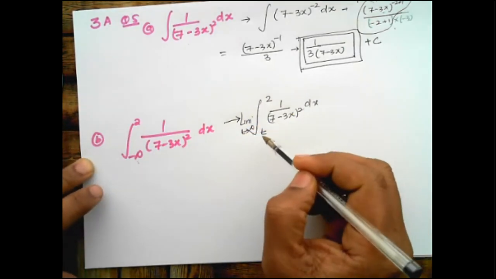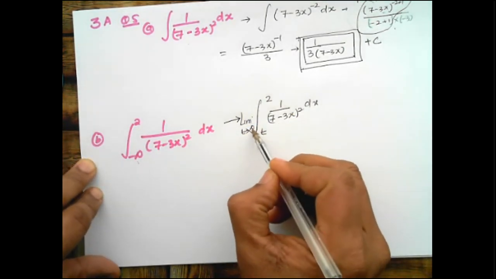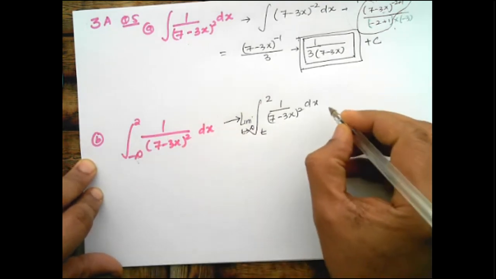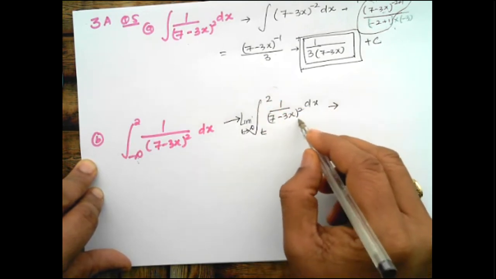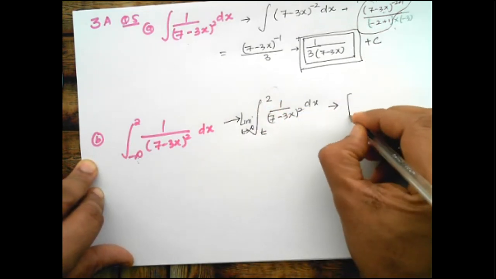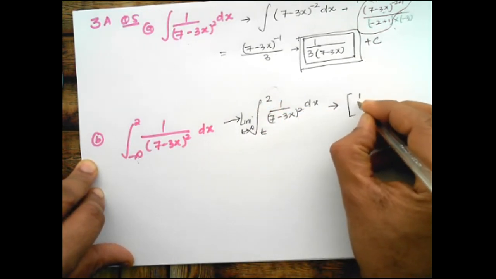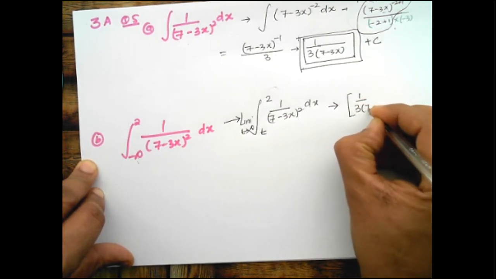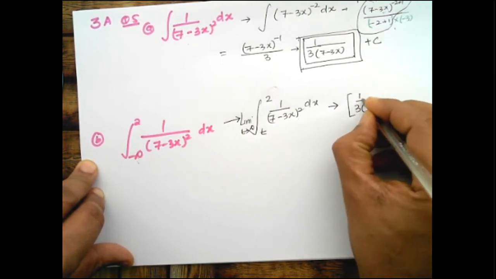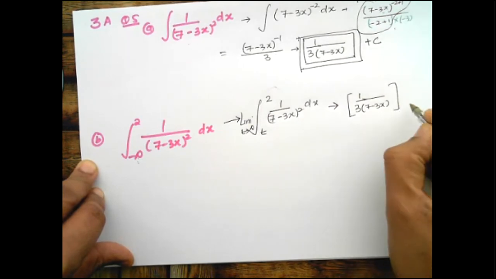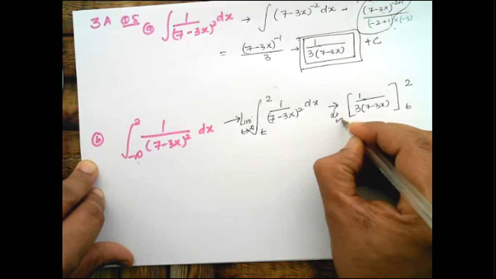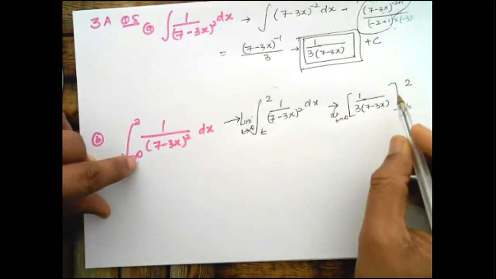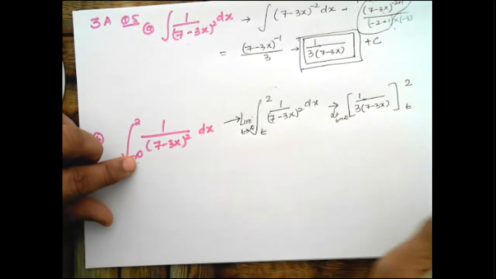It does not actually matter if we write infinity or minus infinity. Okay, so what do we do here, guys? The integral of this, we've already worked that out. So this is actually 1 over 3(7 minus 3x), and the limits are t and 2, and t goes to infinity. Let's substitute 2 into it first, then substitute t, and see what happens.